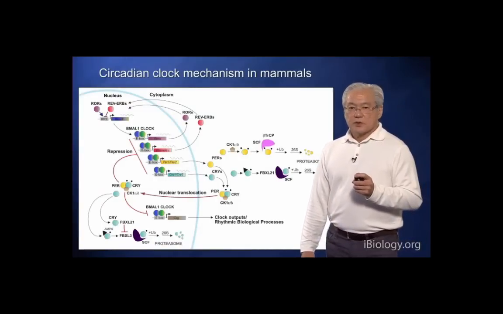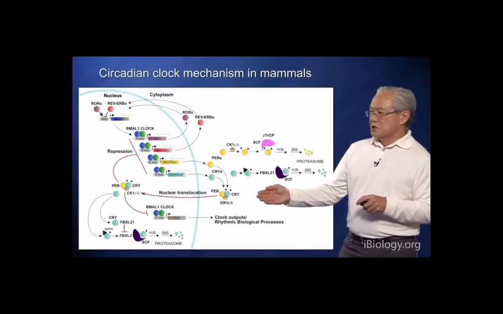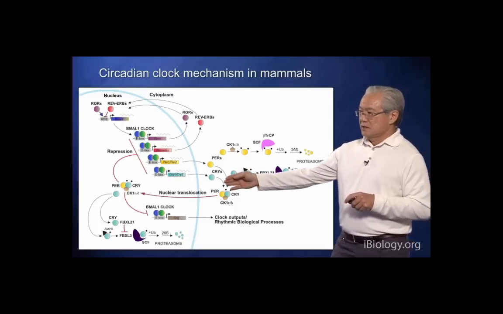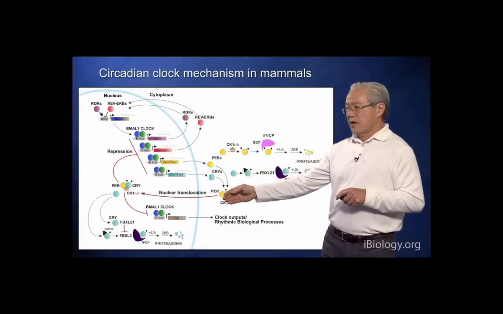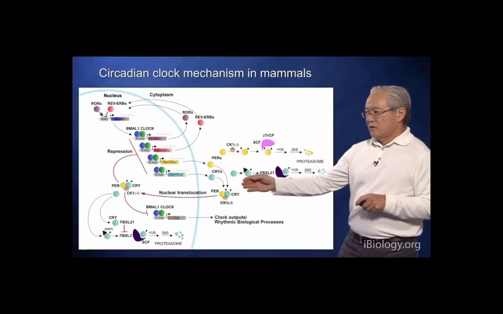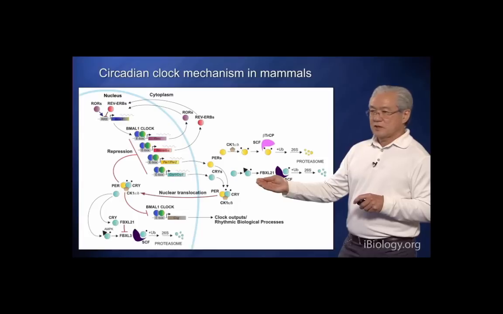Okay, so this has really led to a revision of our clock gene network shown here. This is the core clock BMAL, per, cry feedback loop. And now we've modified the diagram so that FBXL21 is really the primary E3 ligase in the cytoplasm.